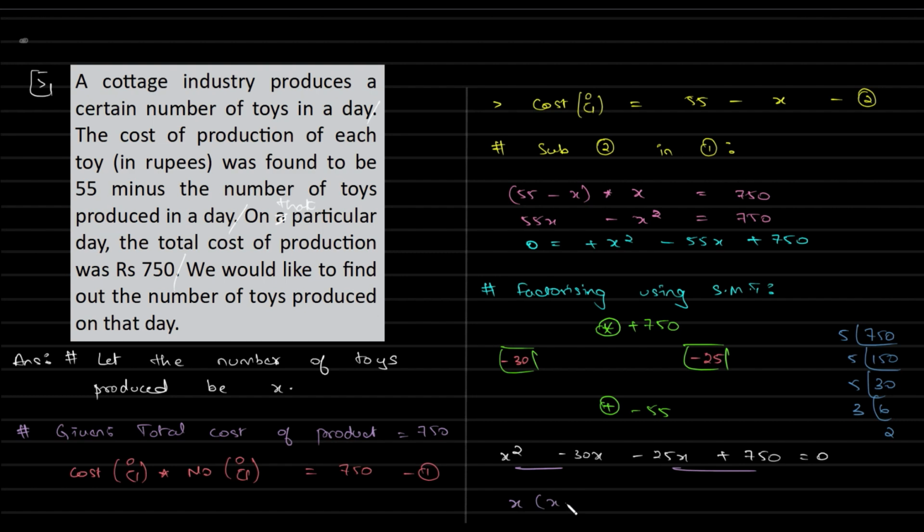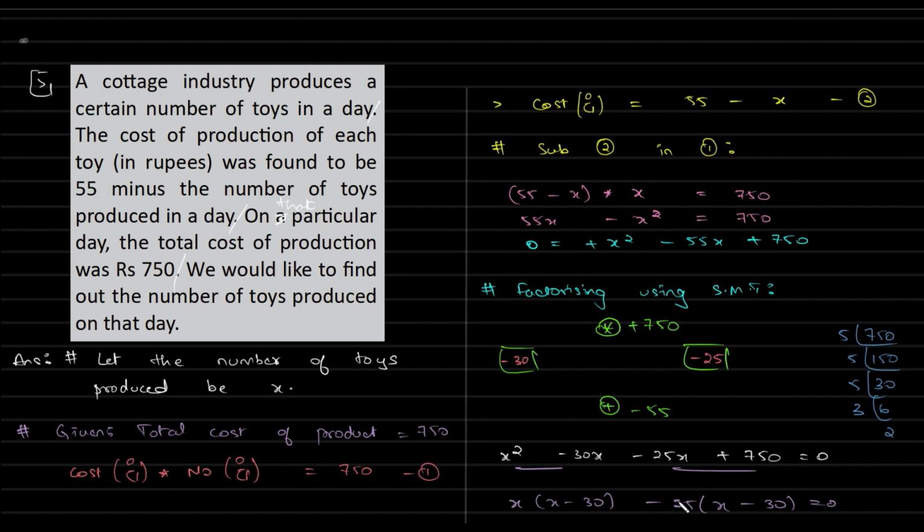So x times of x minus 30 minus 25 times of x minus 30. So how did I do it so quickly? One thing is taking the first two terms, taking the common over here is not that hard. But the next part is a bit tricky. We need a positive over here, right? Negative into negative is positive.